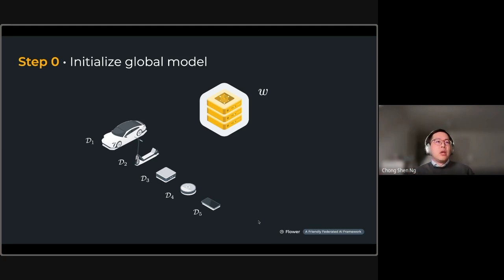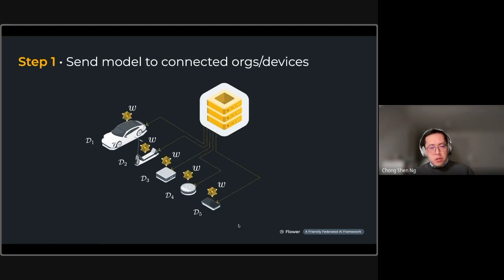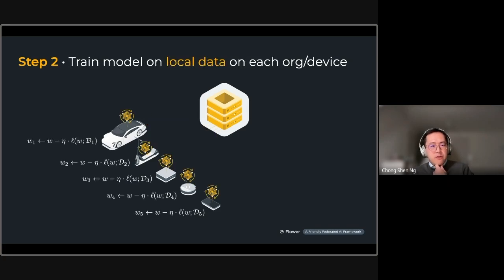Next, you send the model W to all the connected organizations or devices. The same W from the server gets sent across. With this model W and each of the local data, D1 to D5, you train the model on the local data on each organization or device.